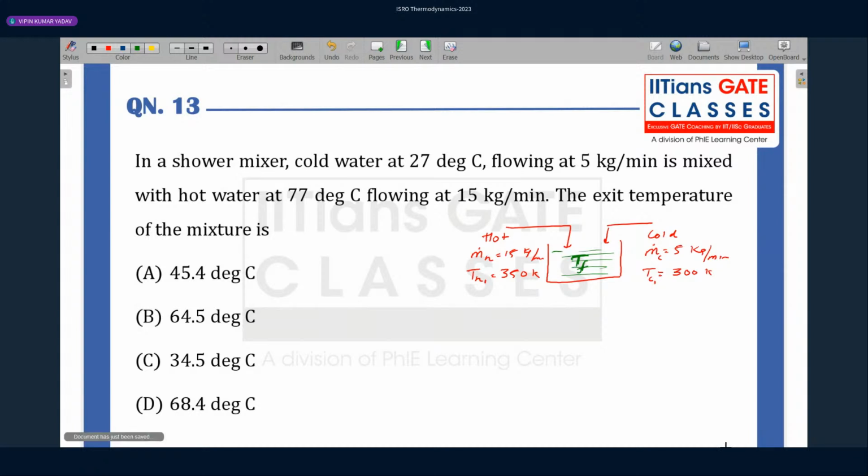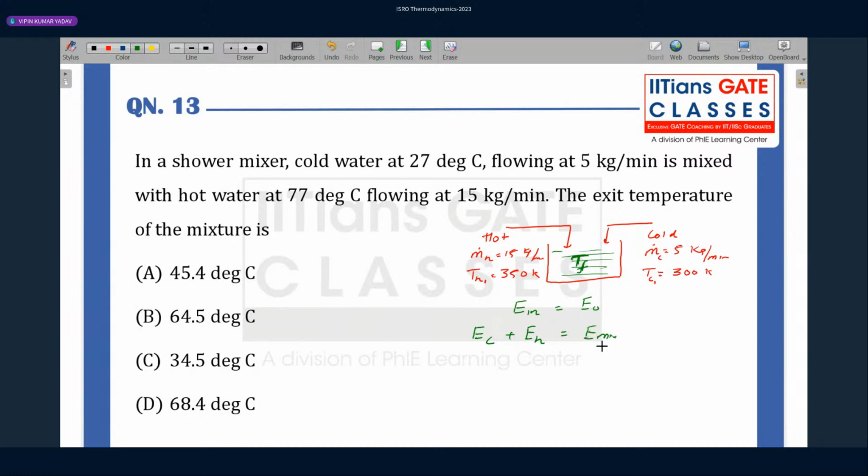Now there are two ways of doing it. You can do an energy balance: E in is equal to E out. So energy of cold fluid plus energy of hot fluid is equal to energy of mixture.